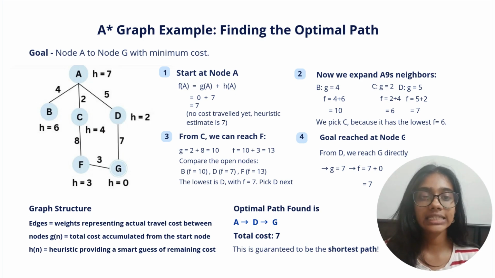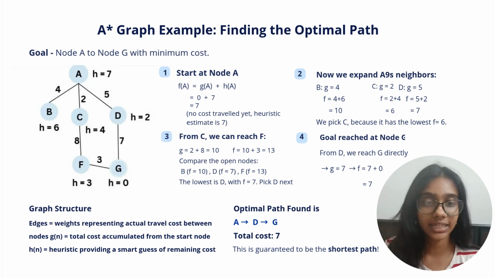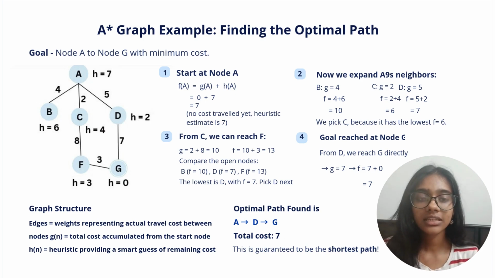Here we can see that from A to B, the weight is 4, so it costs 4 to go from A to B. From earlier, if you can recall, we said that g of n is the total cost from the start node to the current node. So for this example, we calculate it by summing the edge weights along the path taken. For example, if you go from A to C, the g of C is 2.